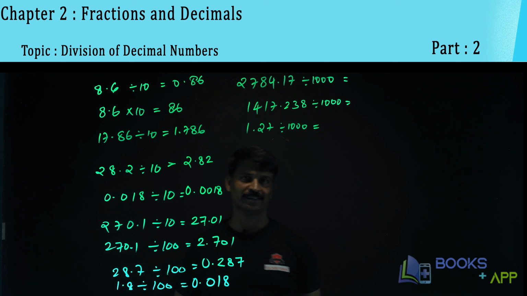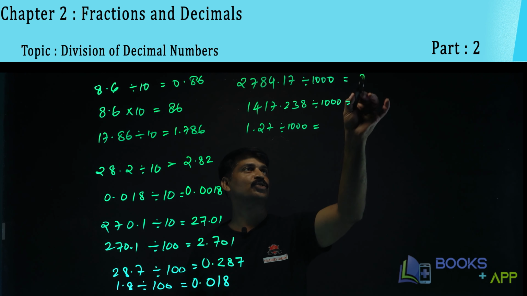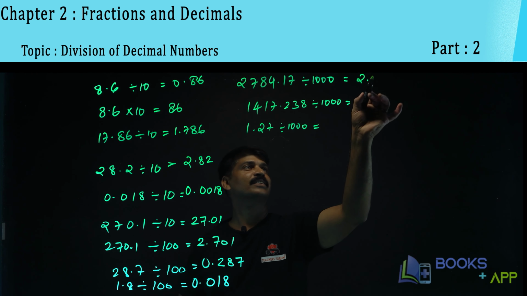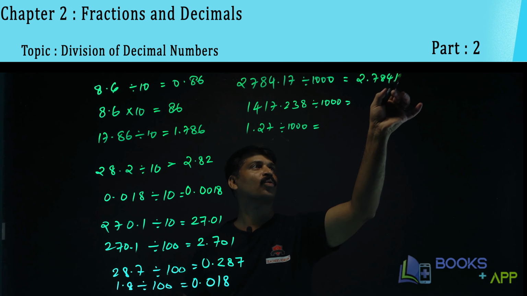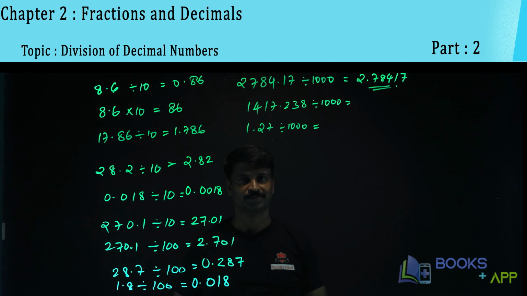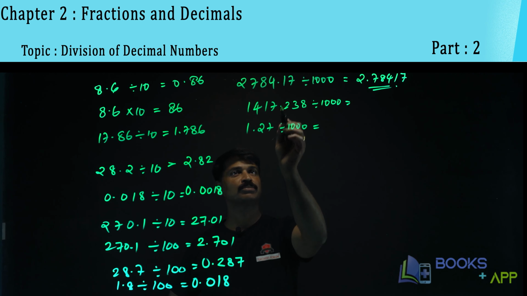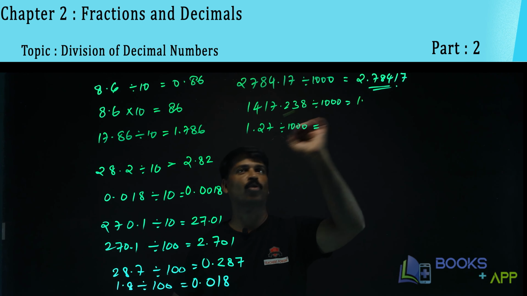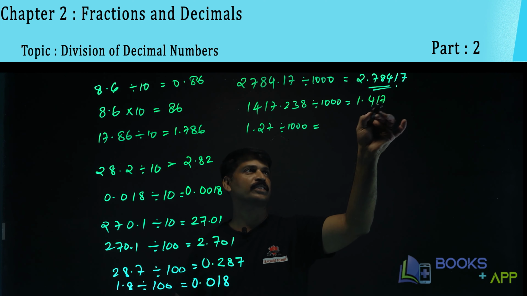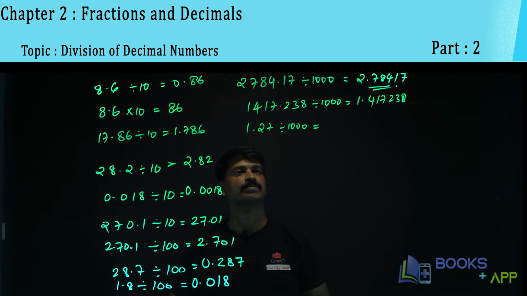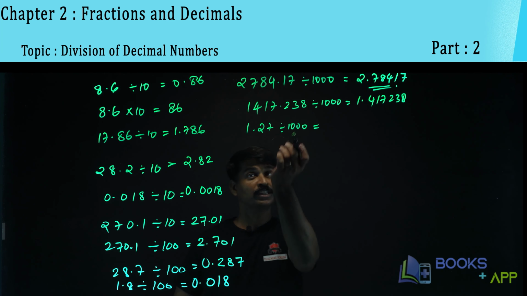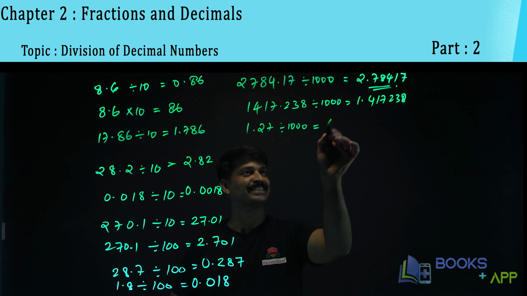It should jump backward. So it becomes 2.78417. Second one, divided by 1000, it should jump 3 positions. So it becomes 1.417238. 3 positions backward. So what is the answer?